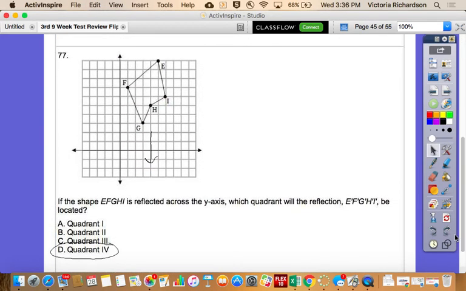Number 77, if the shape EFGHI is reflected across the y-axis, which is right here, it would be in quadrant 2, not quadrant 4.